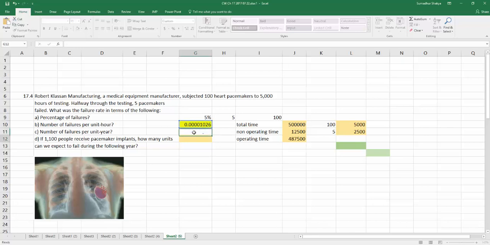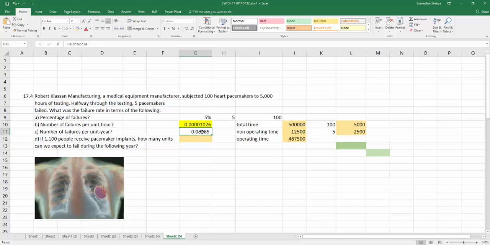So we are looking at 0.8 failures in a year, because this was an hour. So this is how many failures we are looking at in a year, at the rate of whatever this medical equipment manufacturer is making.